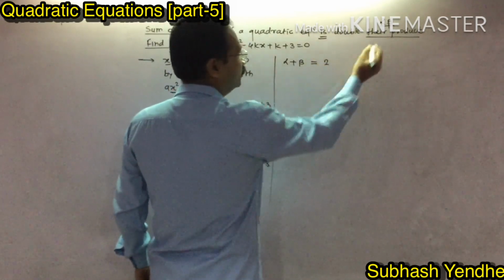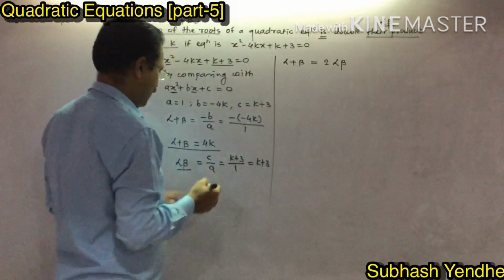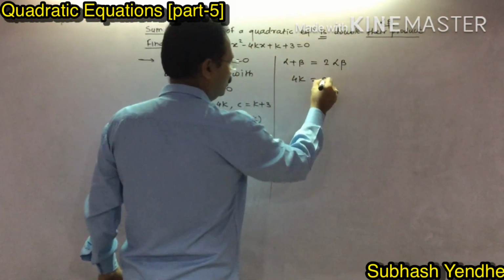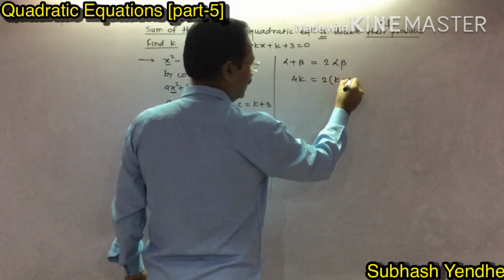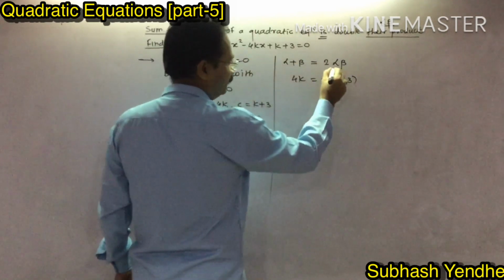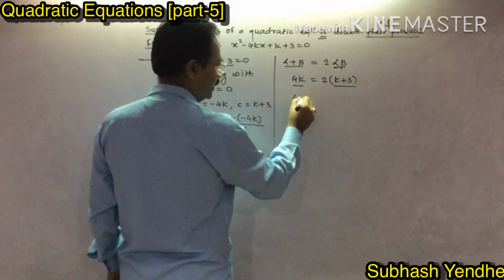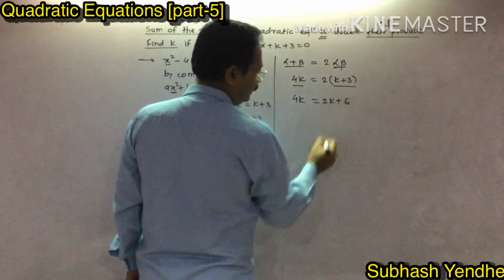Double means 2. Their product means alpha beta. So alpha plus beta's value is 4k, equals 2. Alpha beta's value is k plus 3, so in bracket you have to write k plus 3. So 4k equals 2k plus 2 into 3, 6.